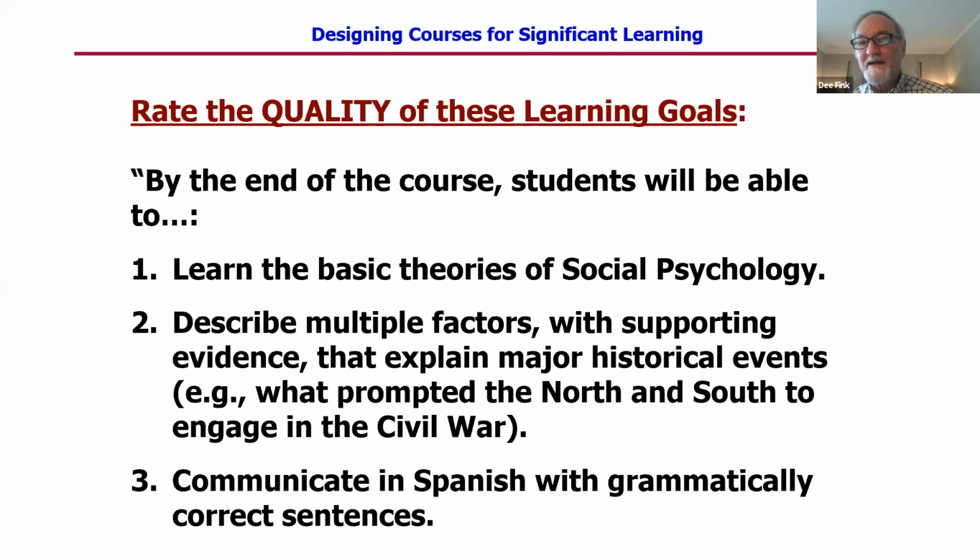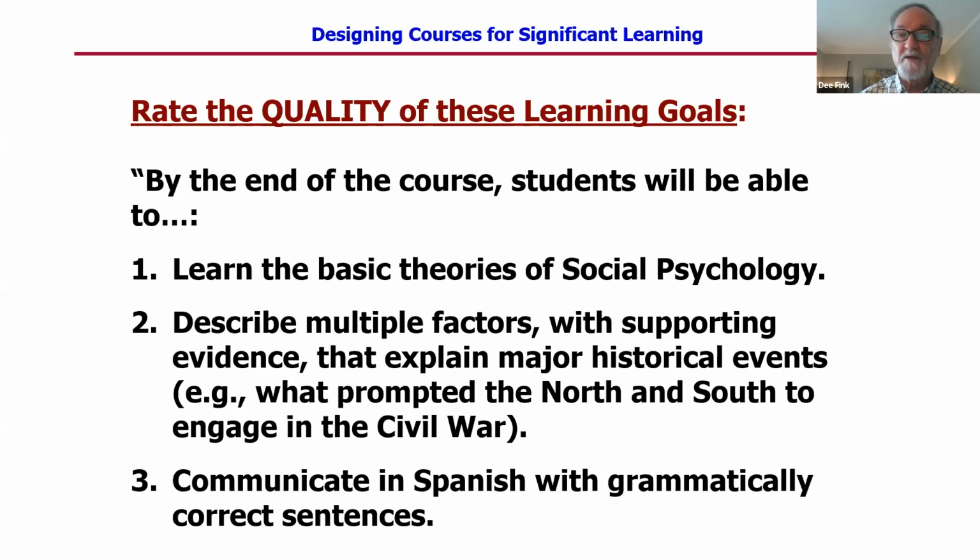The second one is the one I tried to write in a way that I thought was good. There are a lot of parts in that, although half of it's in the parentheses there. It has one verb, but I think this is actually what a lot of history professors really want their students to do. That is, after studying a historical period or an area or whatever, they want them to be able to look at an event and identify the multiple factors that led up to that event. Again, with supporting evidence, that's one of the criteria.